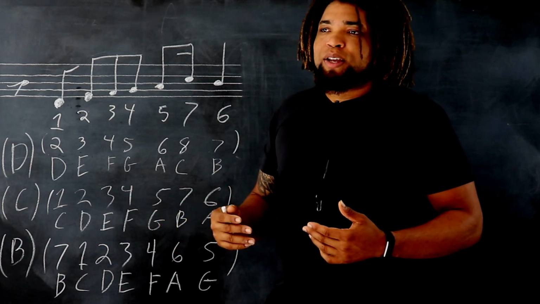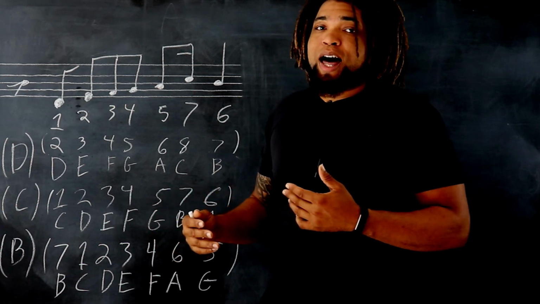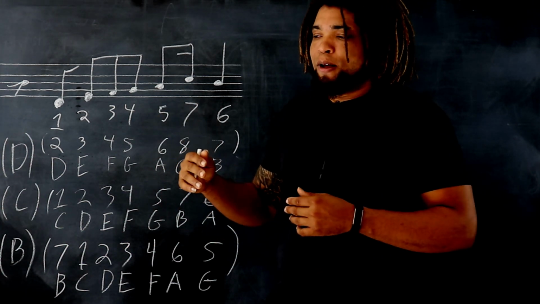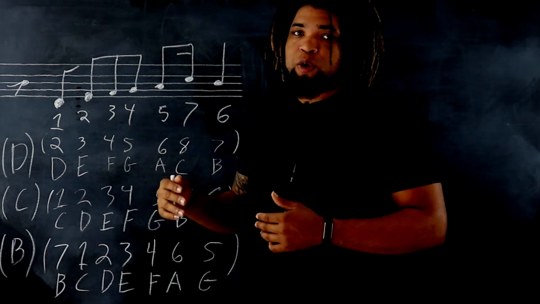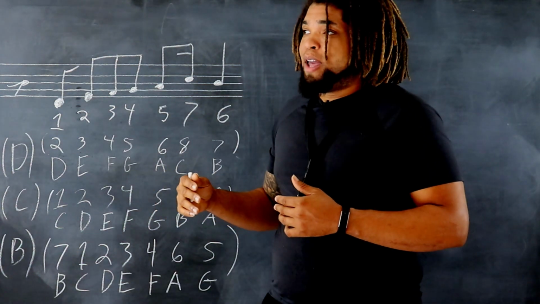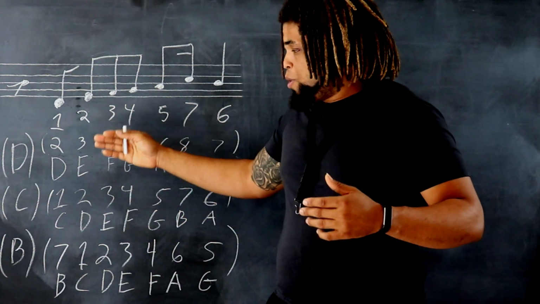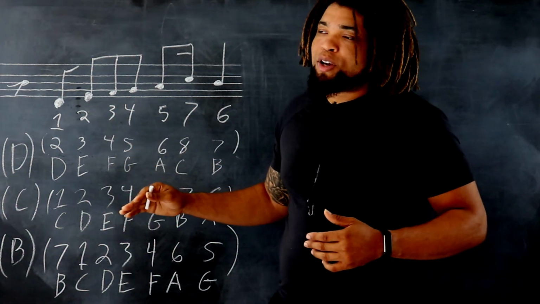There's some players that play a lot of arpeggios, right? And they play the arpeggio of every chord change. Some of them outline it with enclosures, all right? Some will use sequences like this, like I'm showing you here.